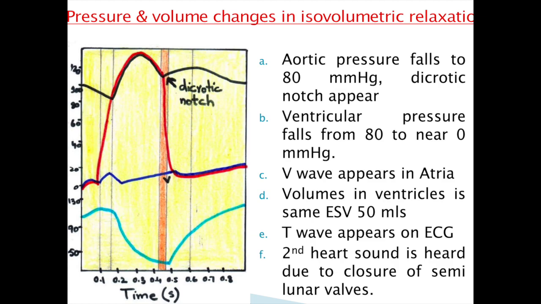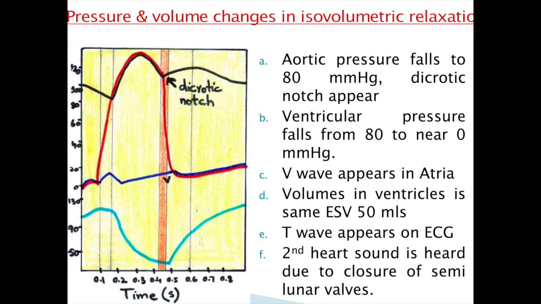The heart has already pumped 70 ml of blood, and now the remaining blood in the ventricle is End-Systolic Volume, which is 50 ml. And the T wave appears in ECG, which is a sign of relaxation.